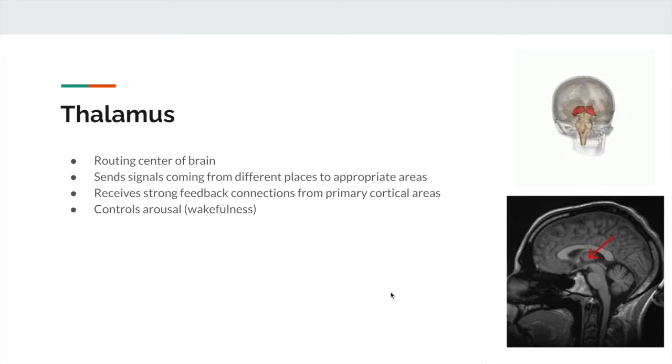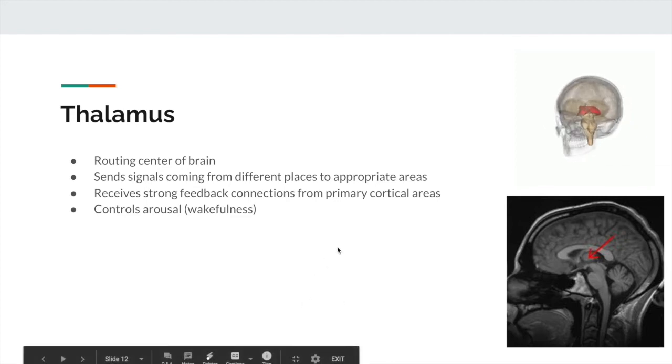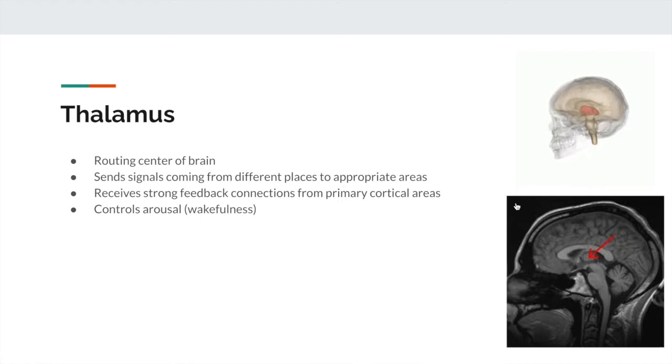So this is kind of moving away from the cerebral cortex, and we're getting into different parts of the brain. The thalamus is actually kind of underneath the cortex, and it's basically the routing center of the brain. It gets a bunch of signals from all over the body, and it sends these signals to the appropriate lobes that are supposed to process them, right?